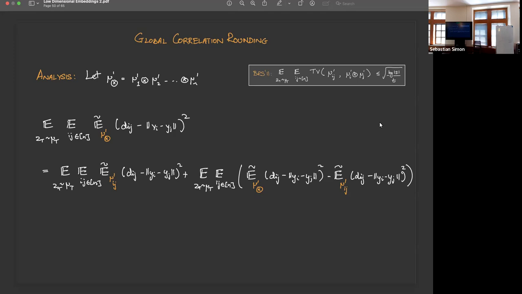So I'm going to use a basic trick here where I'm going to add and subtract the cost on the joint. Okay, so here all I did was I introduced the joint distribution and I subtracted it off. So what do I have now? I have the difference between the product and product right here. And I have the thing that I have a handle of by solving the optimization problem.